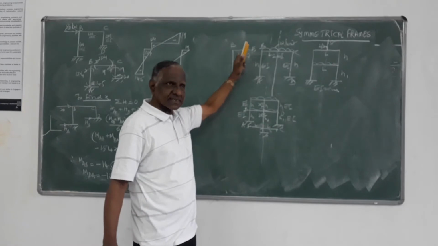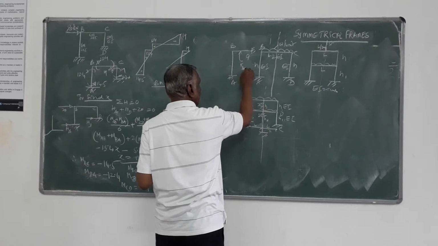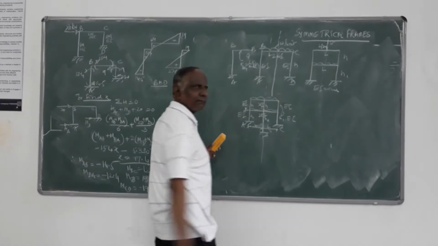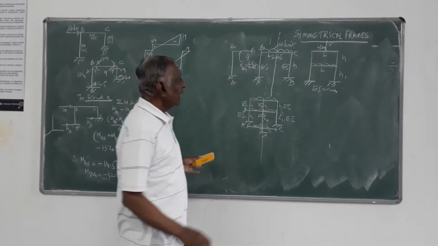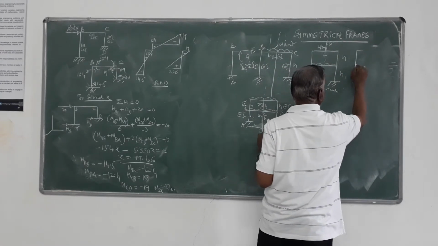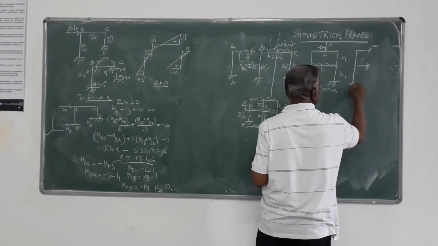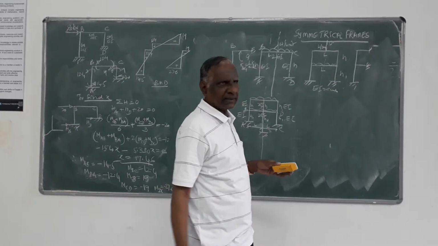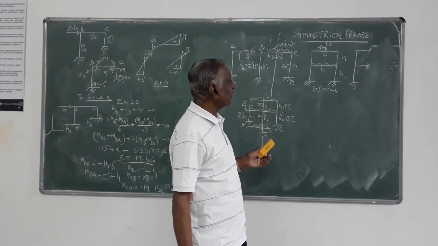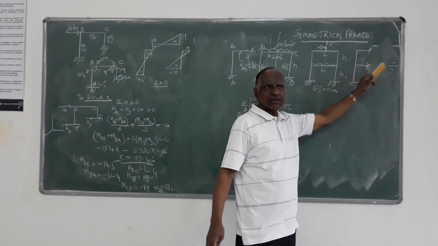Whenever this line cuts a member, the stiffness of that cut member you have to take as half the stiffness of the original member. That's the only change. And here also this is cutting, and you can just take only one half of the member like this, taking only one portion towards the left half of the symmetric line, and you can do the analysis only for this particular frame.